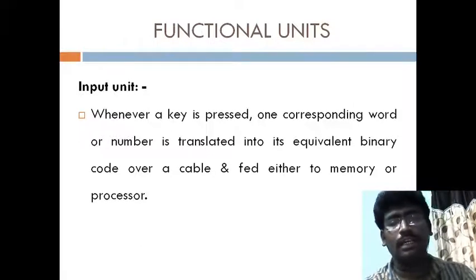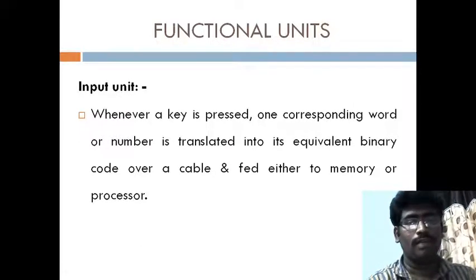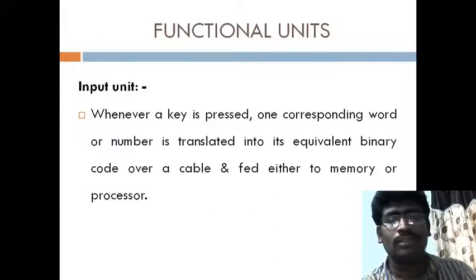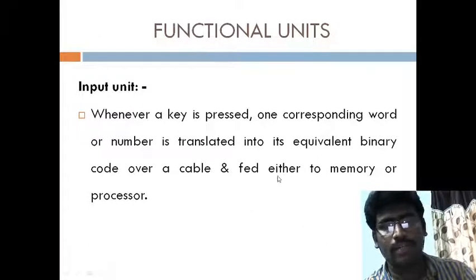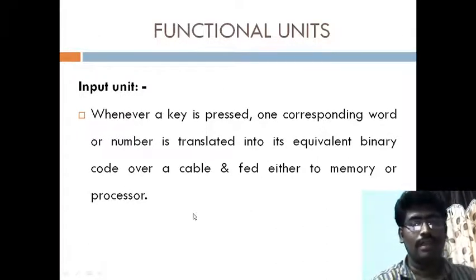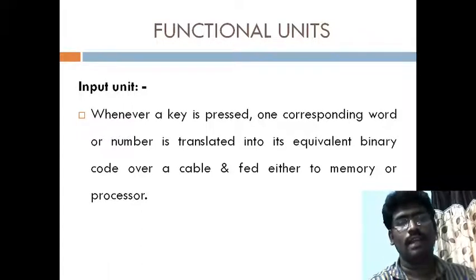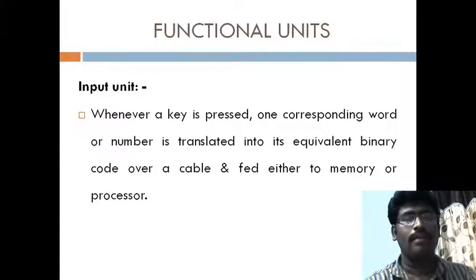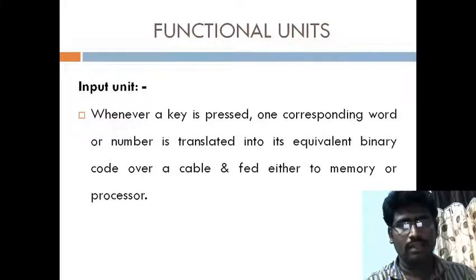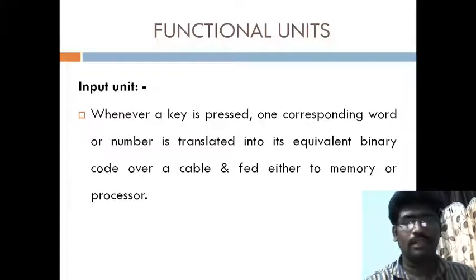Whatever input we give in the form of high level language, that corresponding word or number must be translated into its equivalent binary code, and only then will it be fed into the memory or processor. As I told you, whatever input we give must be converted into binary form. Why? Because the computer can understand only the binary language, which is called zeros and ones.